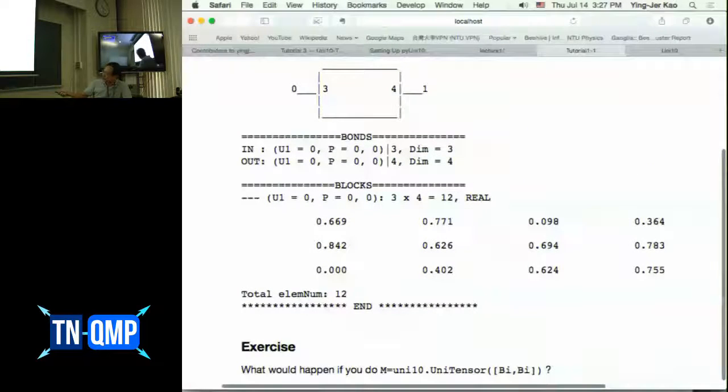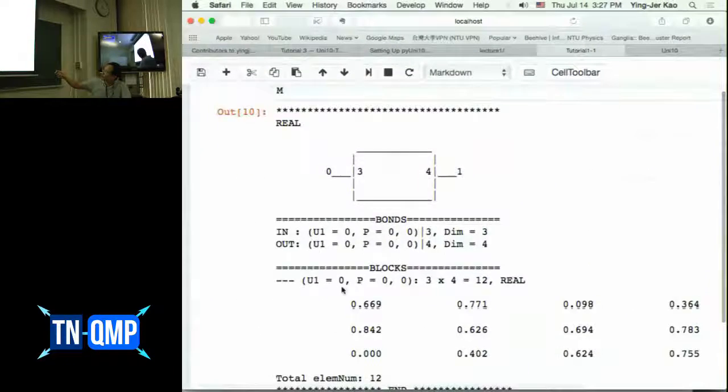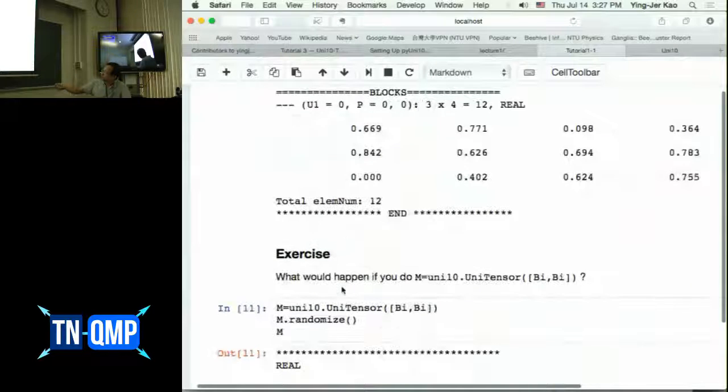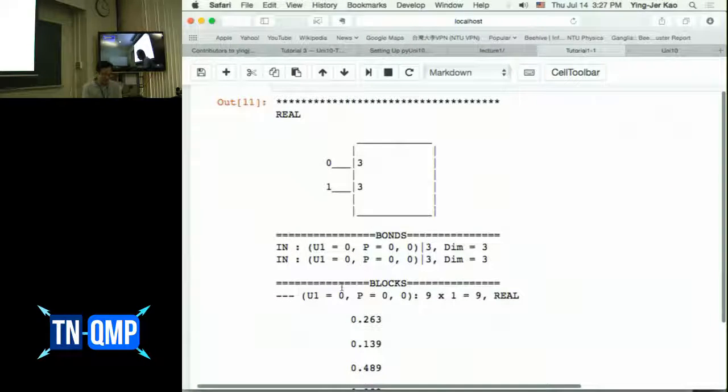Now the question is, if I put both in bounds, what would the shape of the tensor look like? This is the shape. Basically, it's a vector.